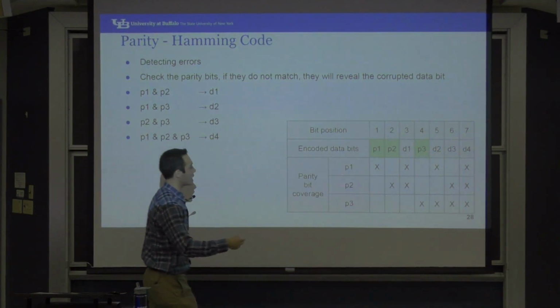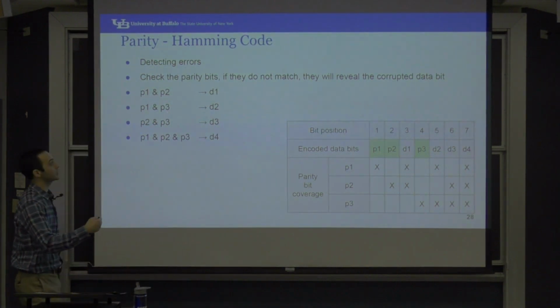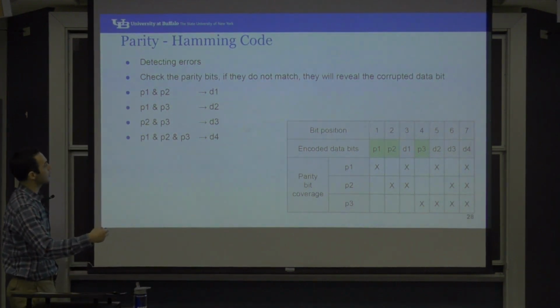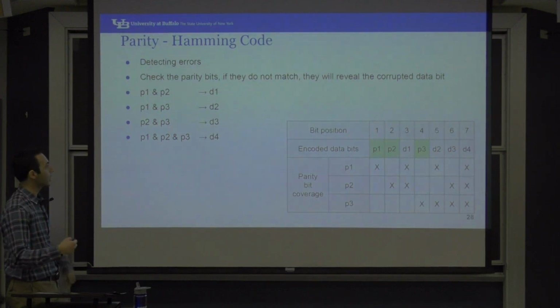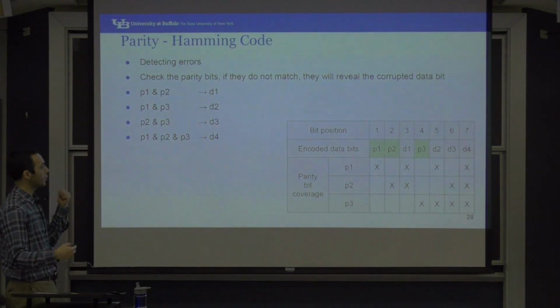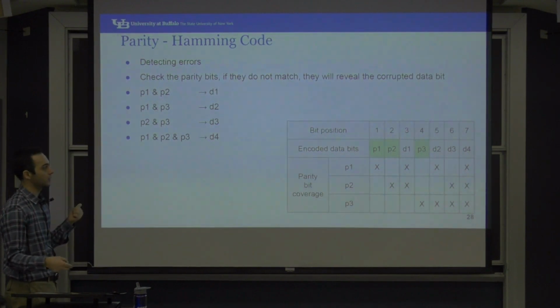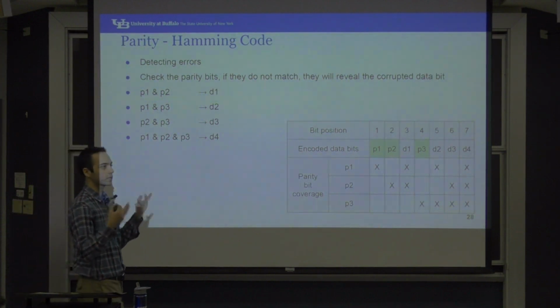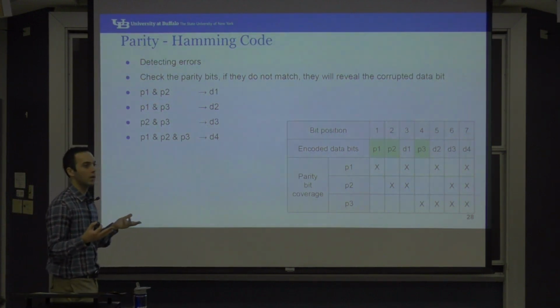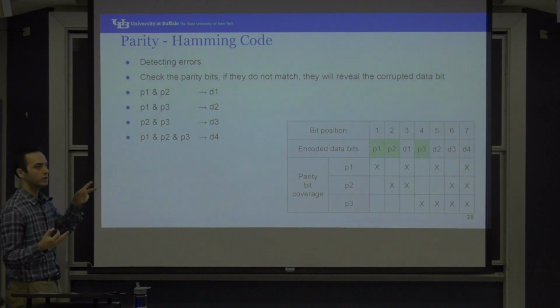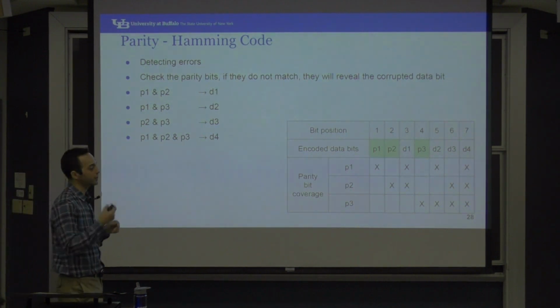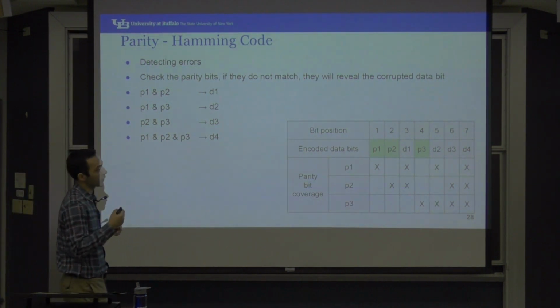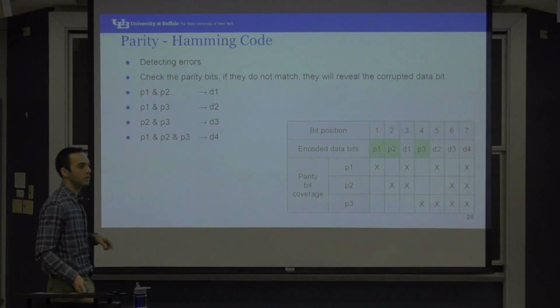So if P1 and P3 are 1 and P2 is not 1, the problem is D2. If P2 and P3 are 1 but not P1, then the problem is D3. If all of them are 1, then the problem is in D4. So this way you can basically recover which bit was flipped from 0 to 1 or from 1 to 0.